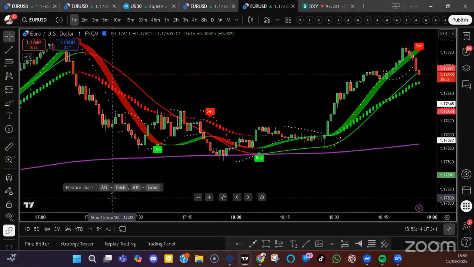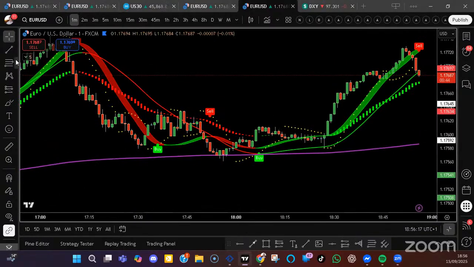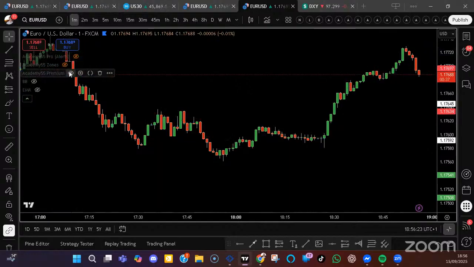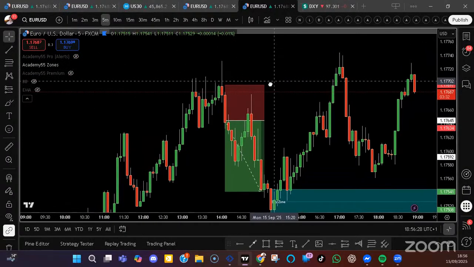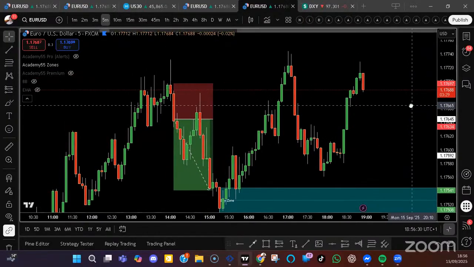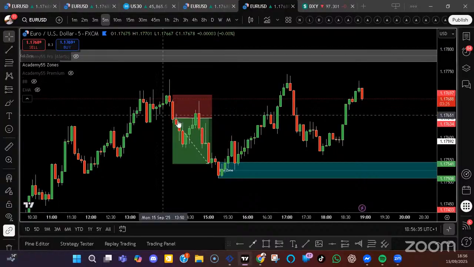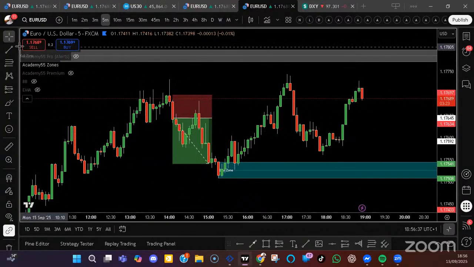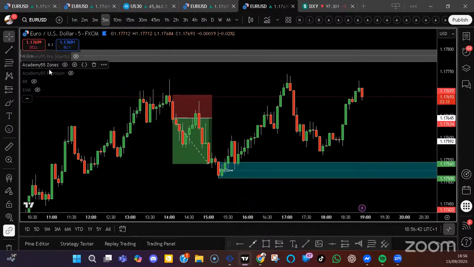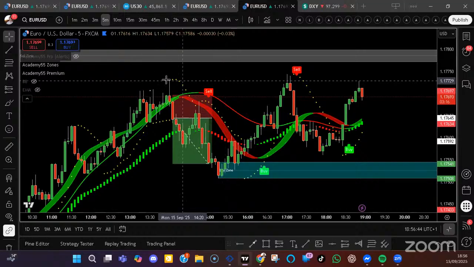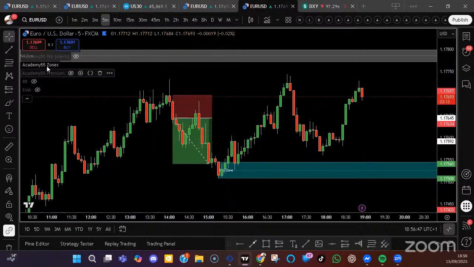So starting with the EUR USD, going to take off the indicators first. Go on the 5 minute time frame, and we'll see that we are actually, this is a trade I took earlier on, but at the moment, oh, sorry, I put the indicators on by mistake.